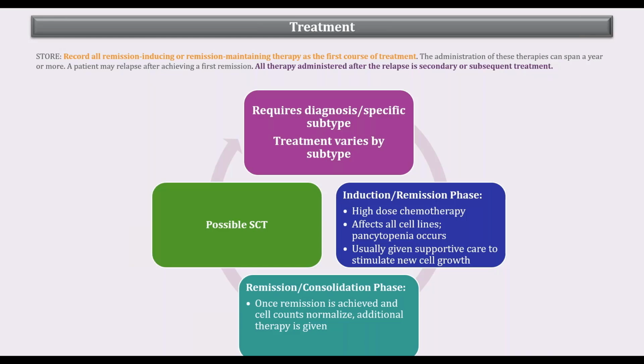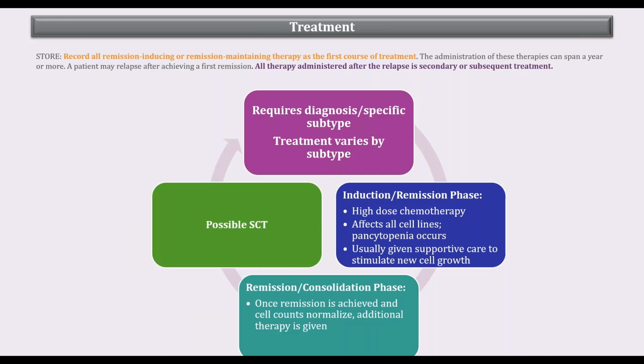And getting the right treatment requires a diagnosis of that specific subtype. And why? Well, because treatment varies by subtype. So there typically will be an induction remission phase. So high-dose chemotherapy will be used, which affects all cell lines. And we usually do see pancytopenia occurring there because it's wiping the cells right out.